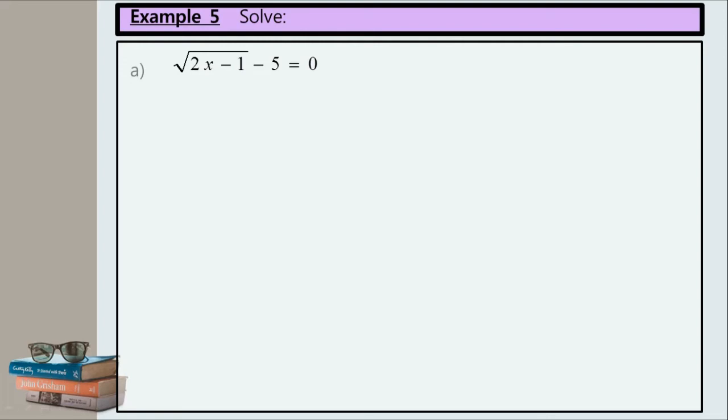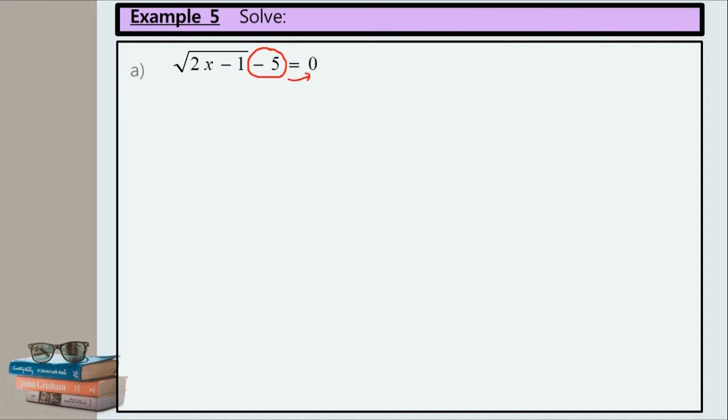For example 5, we need to solve surd 2x minus 1 minus 5 equal to 0. So, as I told you before, we need to square both sides. But for this example, to make it easier, untuk memudahkan jalan kerja kita, better, minus 5 ni, we transfer to the right hand side first.